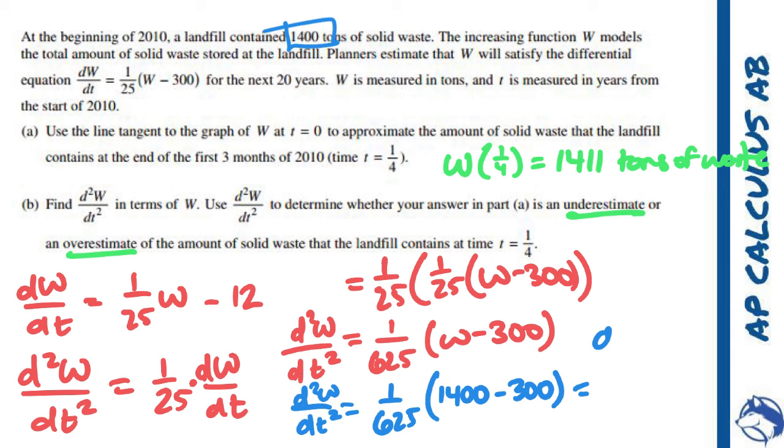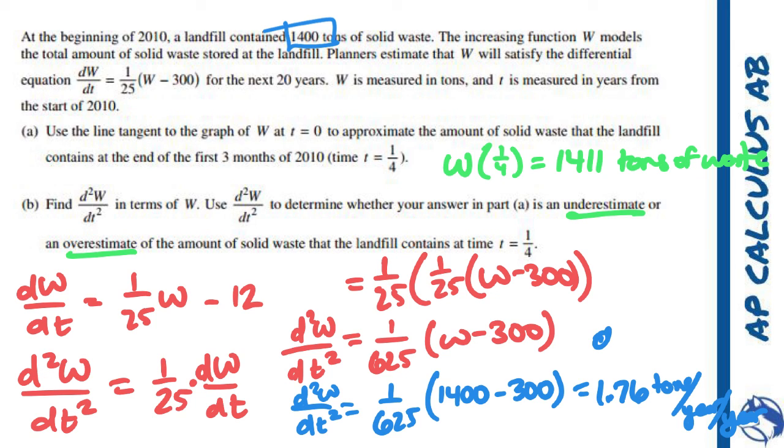When I do this on my calculator, I'm going to get 1,100 divided by 625. I'm going to get 1.76. And so then this would be tons per year. So it's increasing by 1.76 tons per year at that moment.